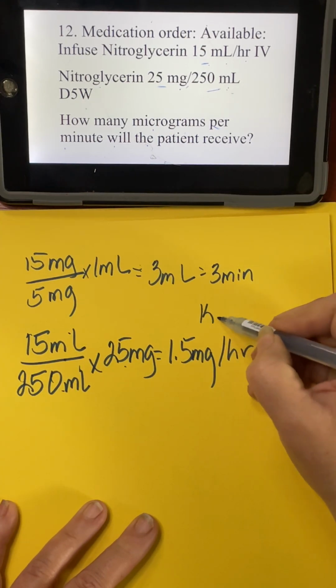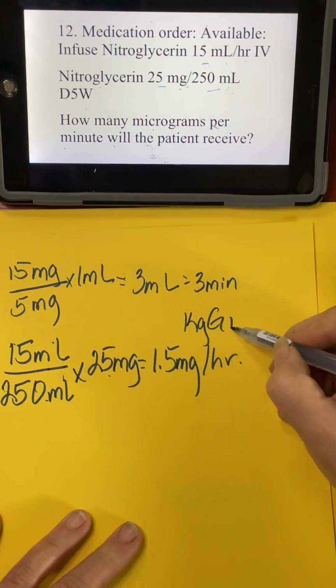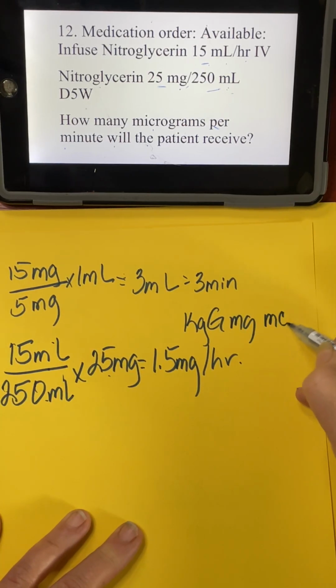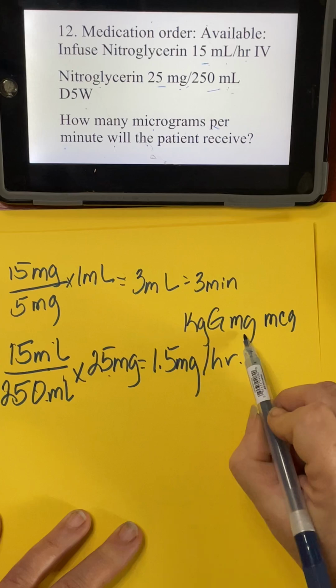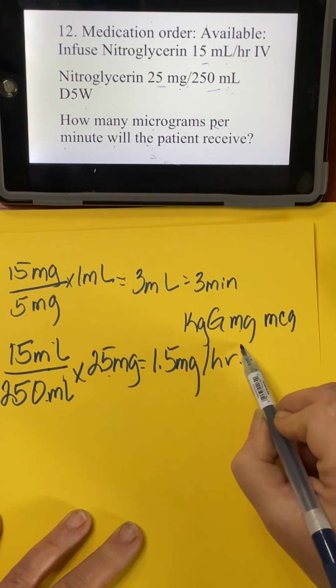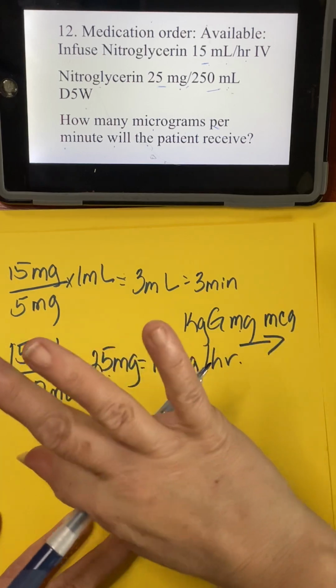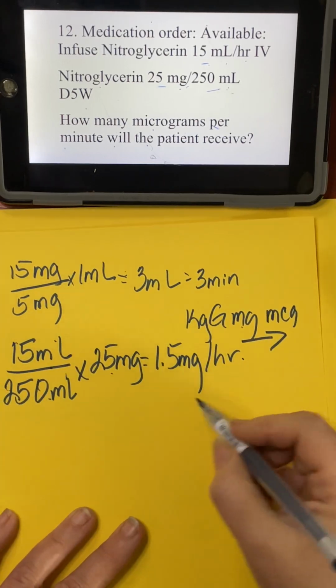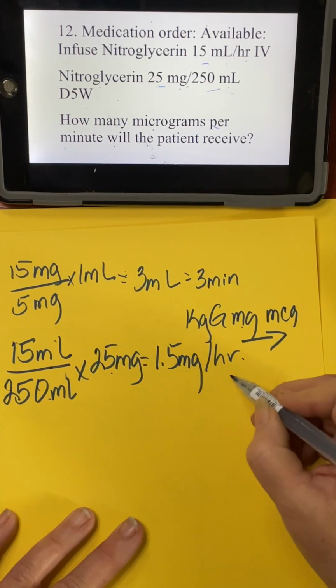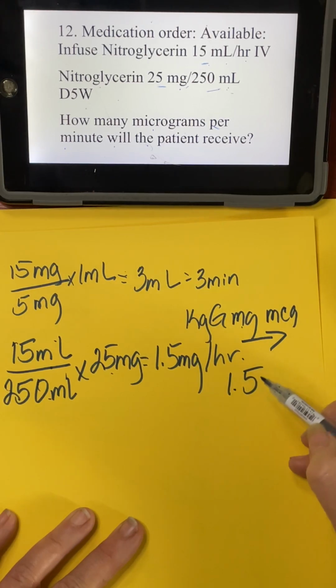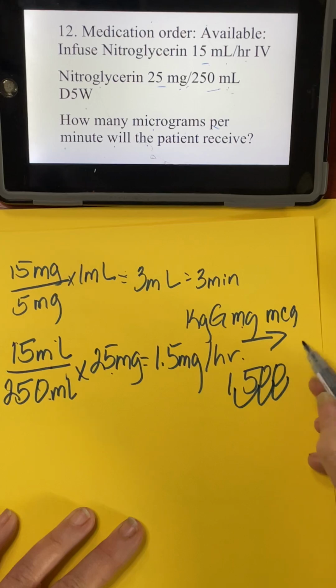You know, you got kilograms, grams, milligrams, and micrograms. I have milligrams. If I'm going from milligrams to micrograms, I'm moving the decimal to the right. I have to know it's 3 places. So 1.5 milligrams would be 1, 2, 3, 1,500 micrograms.